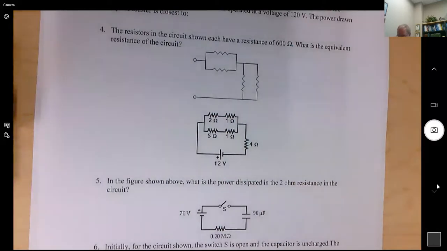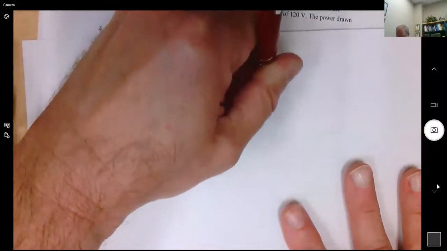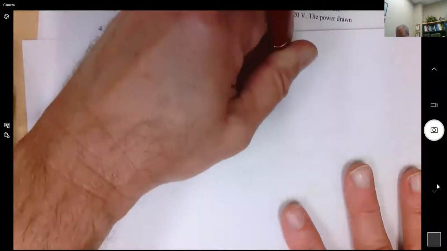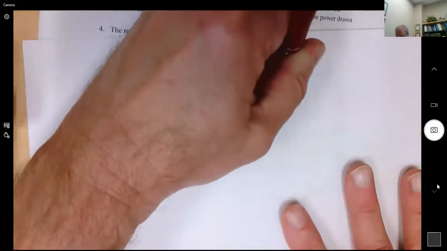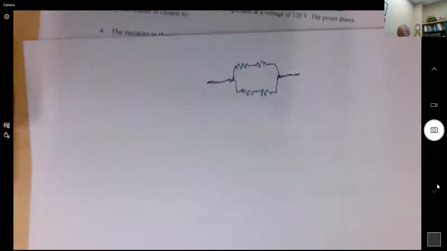There's a really easy way to do this, and that is that we just use Kirchhoff's voltage law.